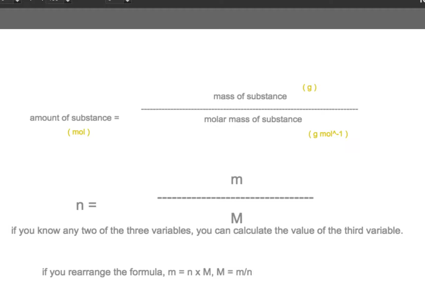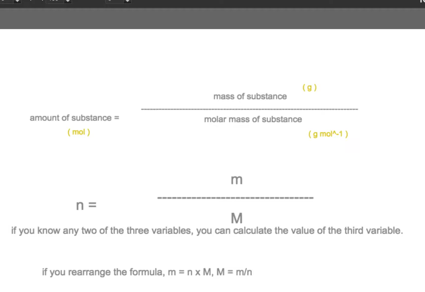If you represent them in letters, it would be n equals m divided by capitalized M. And the units for those variables individually are: amount of substance, mole; mass of the substance, grams; molar mass of the substance, grams per mole, which is written as g mol^-1.